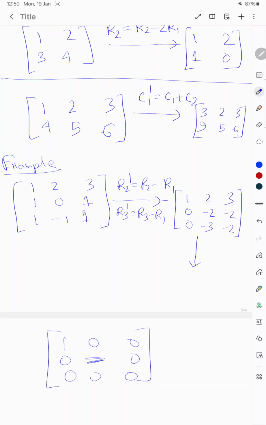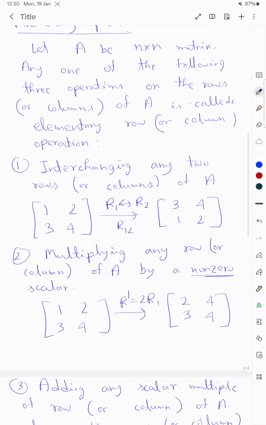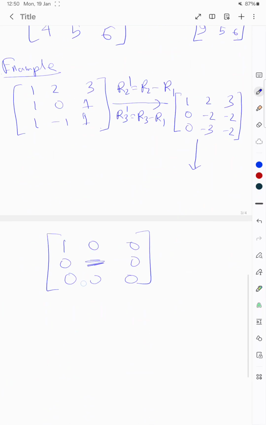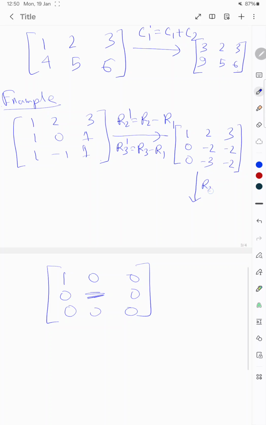So which operation do you use? Basically you have to multiply the second one by 1 by minus 2, that is r2 dash equal to r2 times 1 by minus 2. If you do, what do you have?